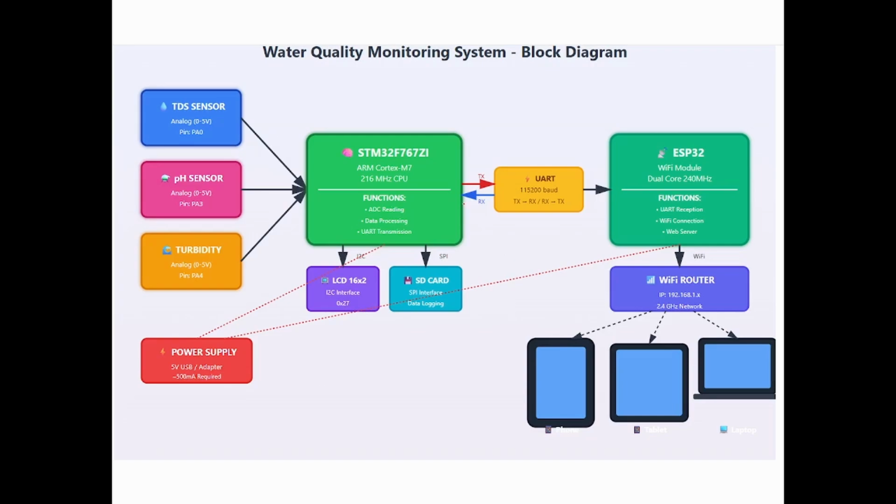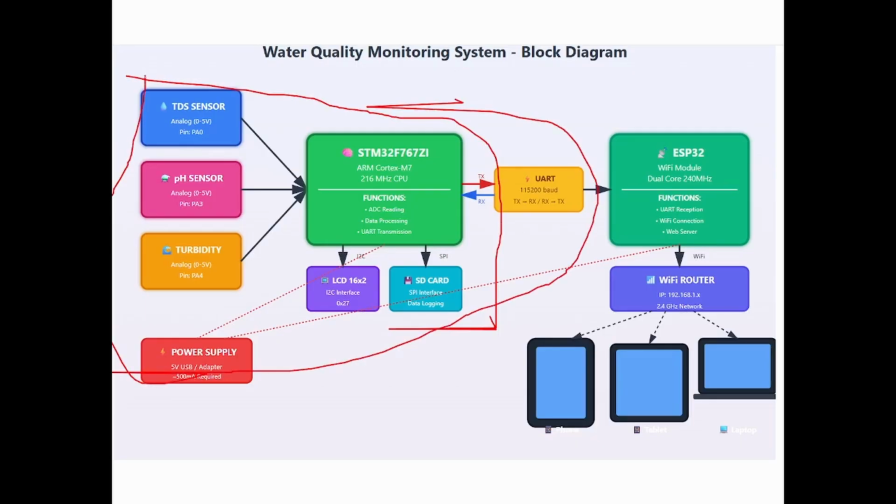If you followed my last 3 to 4 videos, then you must know that we have completed this much, in fact this much UART also. Initially I interfaced the TDS sensor, then the turbidity sensor, then the pH sensor, then displayed this information on LCD.